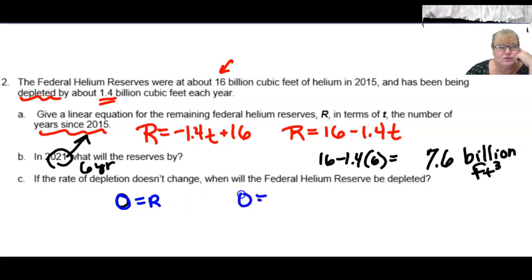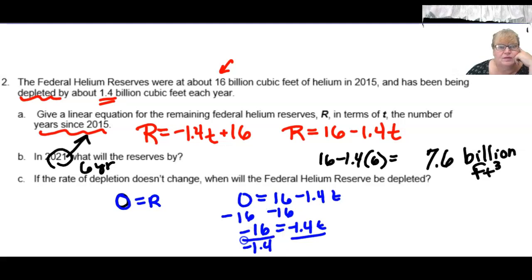So we would have 0 equals 16 minus 1.4t. If we subtract 16 from both sides and divide, 16 divided by 1.4 is about 11.4 years after we started, though.